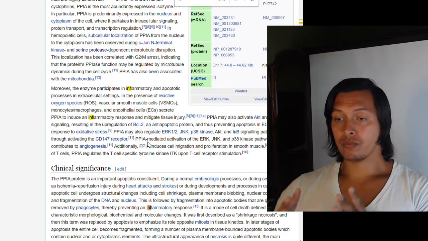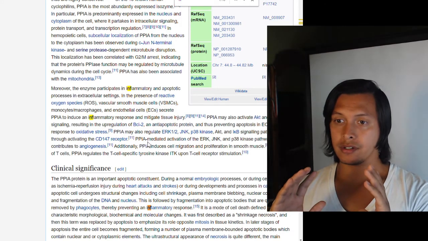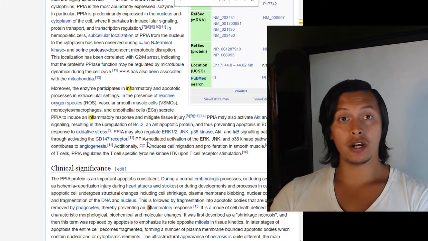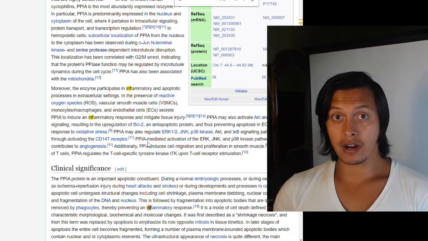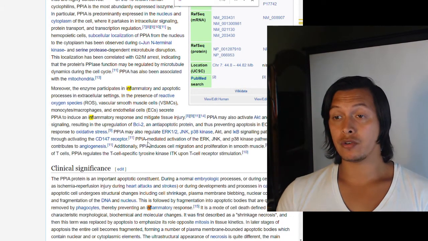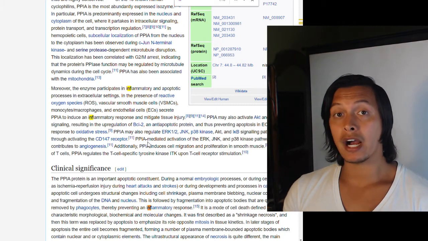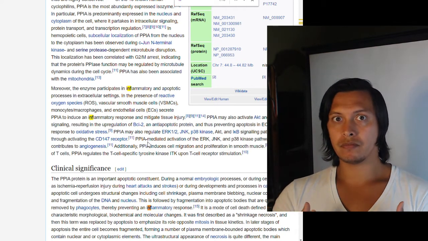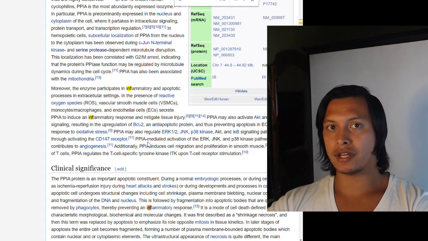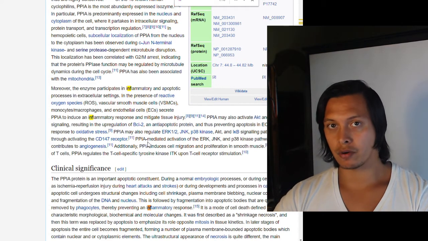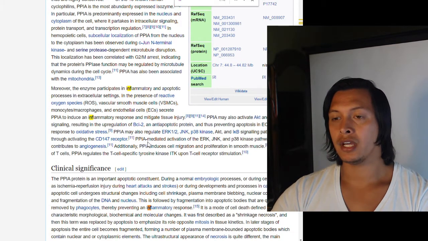Now, if you're the original SARS virus, one of the things that you might want to do is create a pro-inflammatory environment, because then there are going to be more cyclophilin A's floating around.